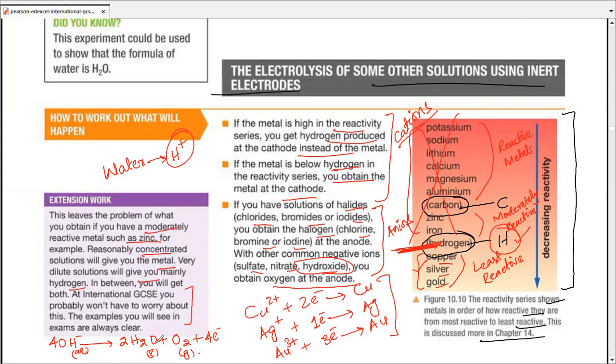Are we clear about these 3 points? Remember, these 3 points can help you out with almost any solution example out there in exams, no matter which unseen example they can come up with. So these 3 tips are the ones that you can use every time for solution electrolysis to get your answers right.